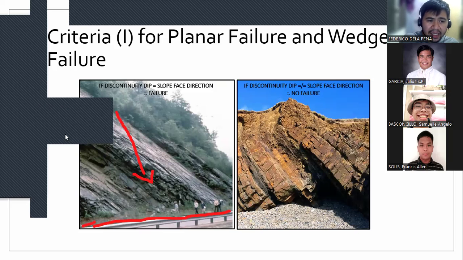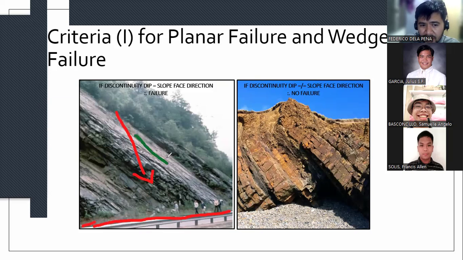On the other hand, the discontinuities, these bedding planes, are directed somewhat parallel but slightly deviating from the slope face. We can see that the bedding planes are dipping slightly away from the slope face, but they're still more or less parallel.